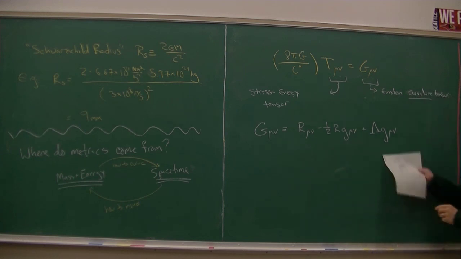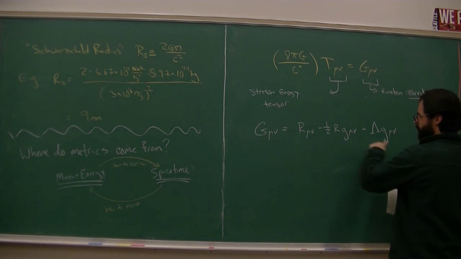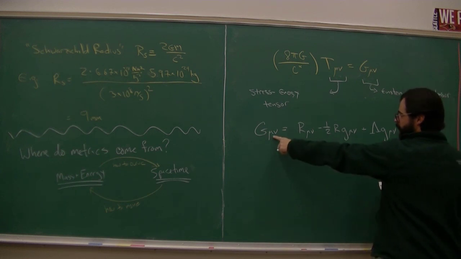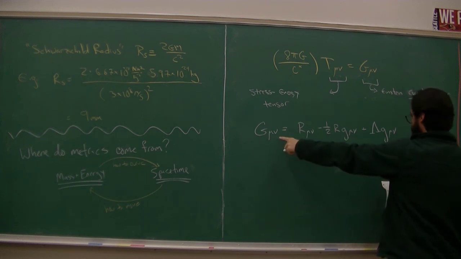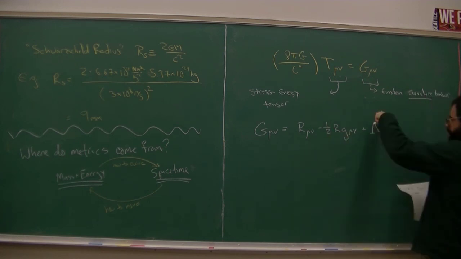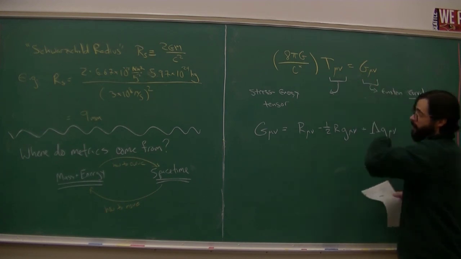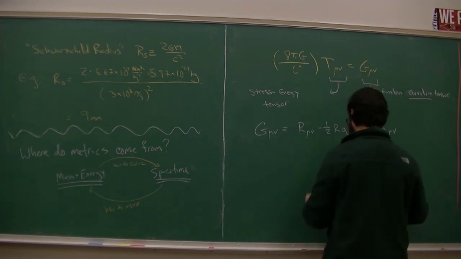And I'm not a particle physicist, so I will put this here. This is a second rank tensor in 4 dimensions, 3 + 1 dimensions. These are also second rank tensors. This is the cosmological constant if it's on this side, or dark energy if you put it on the other side. Feel free to ask about that.